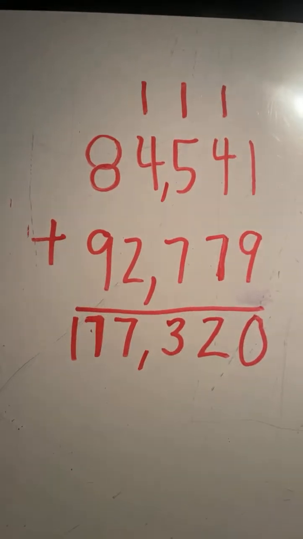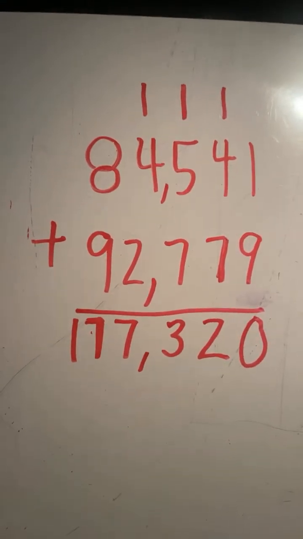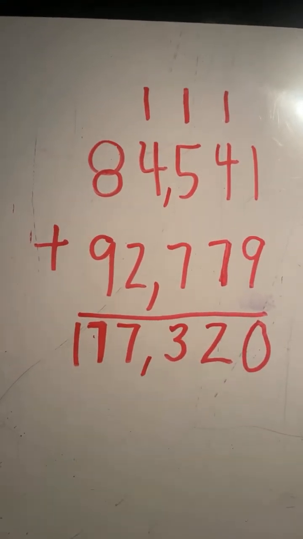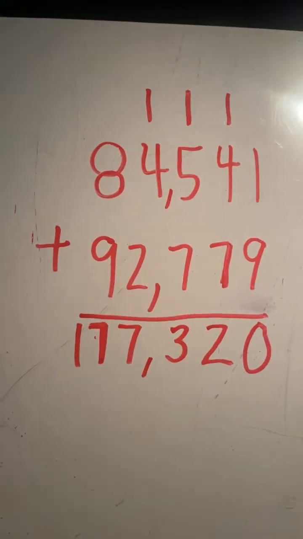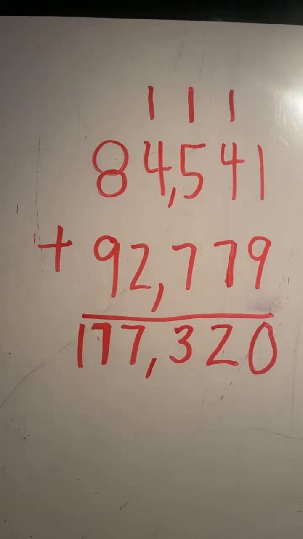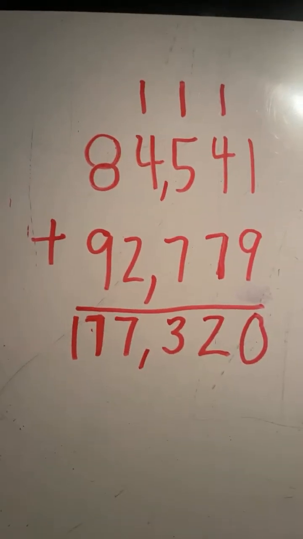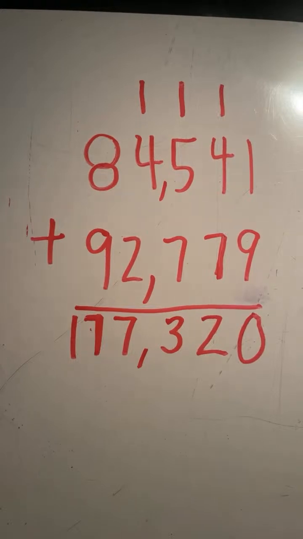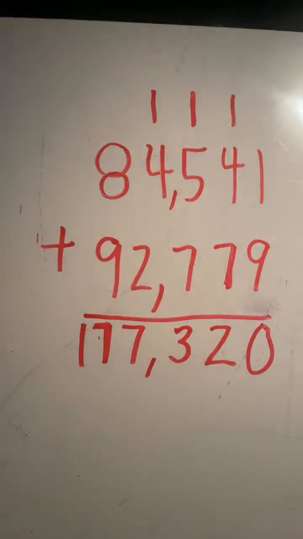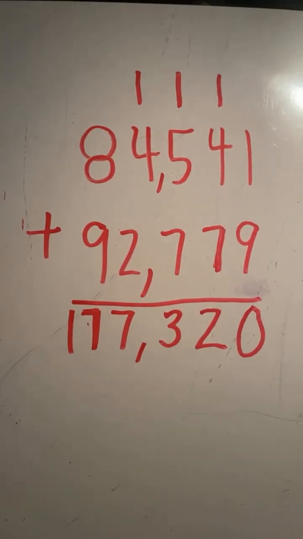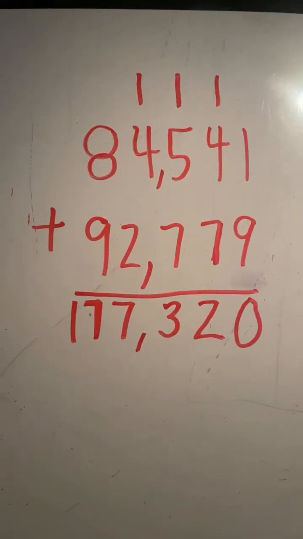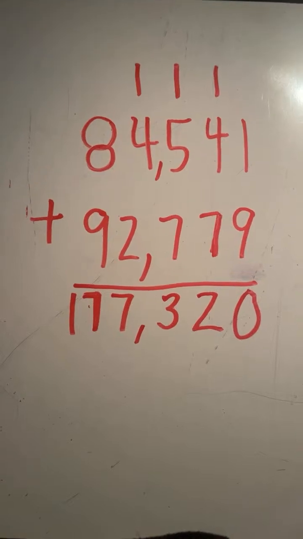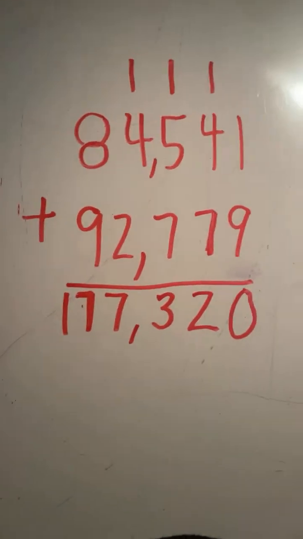So I will calculate this to make sure it's right, but I'm pretty sure it is. But if you think it's wrong, put it in the calculator right now. Actually, you know what? I'm going to put it in the calculator. I just put both numbers in the calculator. It's right.